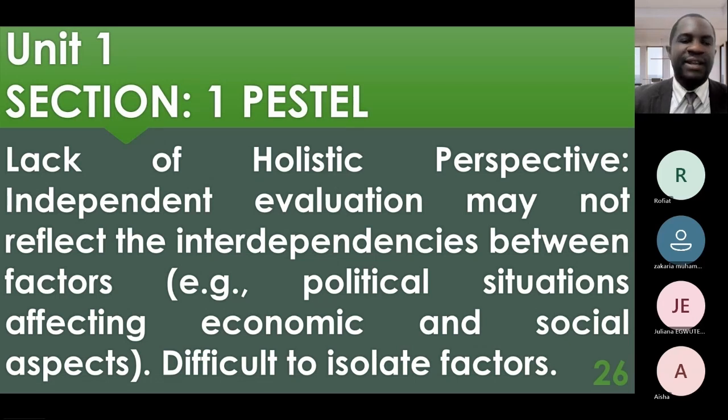So when he says evaluate the internal environment, you know you are speaking to SWOT, especially the strengths and weaknesses, because opportunities and threats are external. So when you see those phrases, just know that he's telling you to use PESTEL. It is not coming out directly. Good question, ACA. Thank you for that.